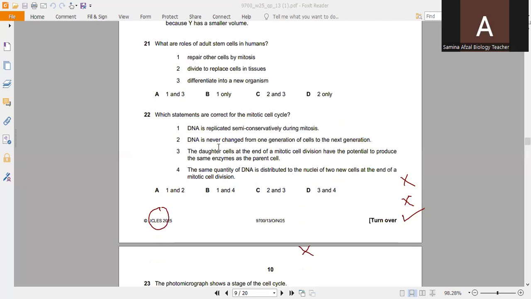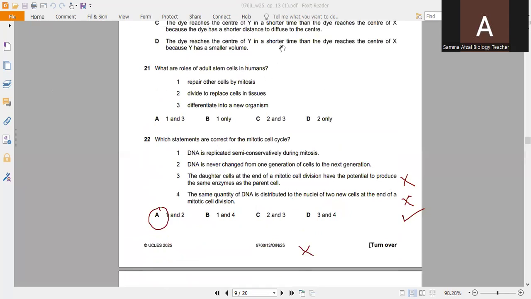Now question number 21: what are the roles of adult stem cells in humans? Repair other cells by mitosis?